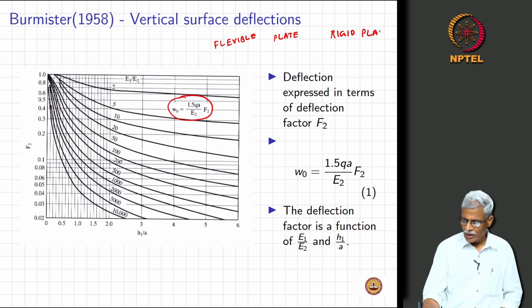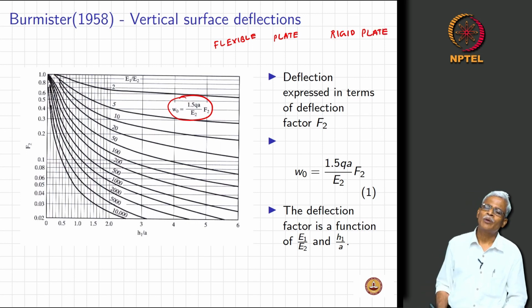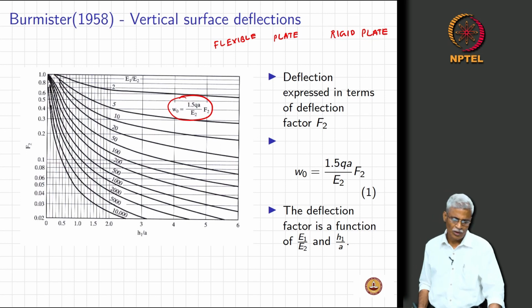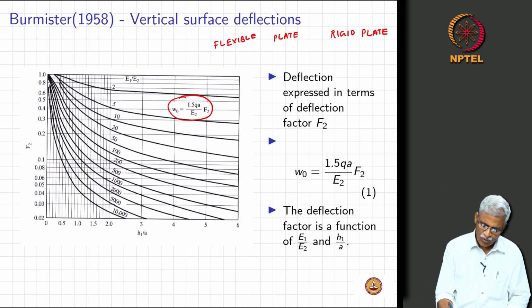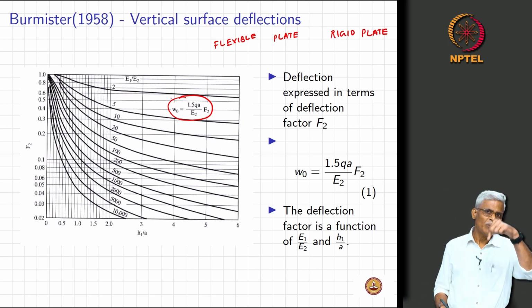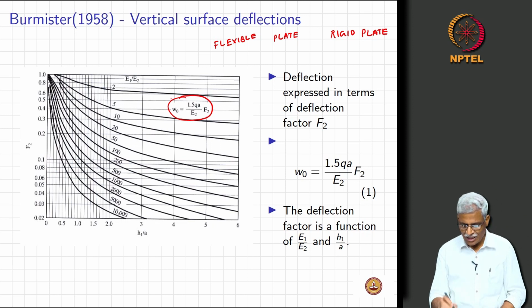We will work out some simple problems related to it as we go along. So, now this is the deflection, W naught, that is at the surface: 1.5 times q A divided by E2 times F2.